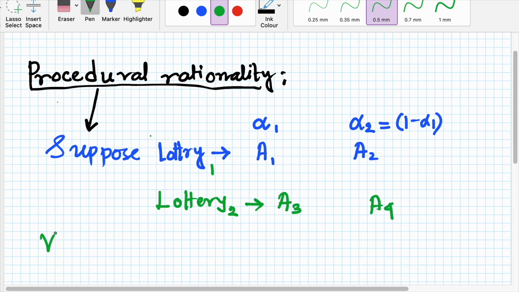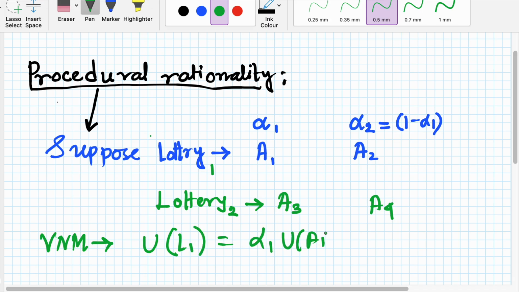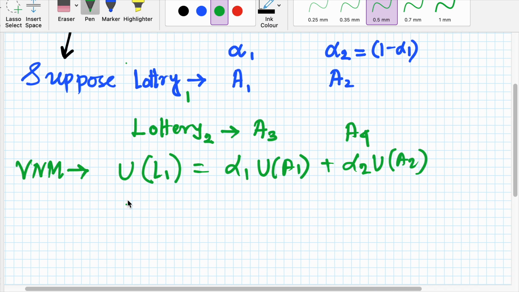In the case of VNM utility, the utility of lottery 1 will be alpha 1 times utility of A1 plus alpha 2 times utility of A2, and the utility of L2 is alpha 3 times the utility of A3 plus alpha 4 times the utility of the other prize.